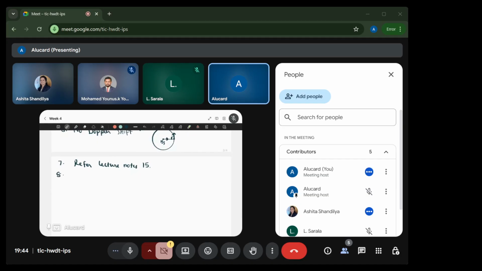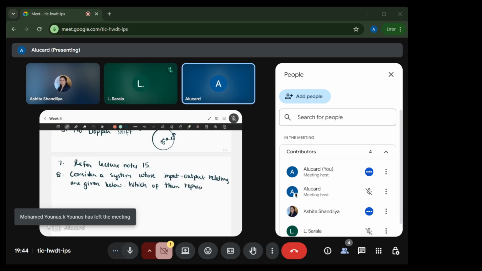Question 8. Consider a system whose input output relations are given below. Which of them represents a time variant system?